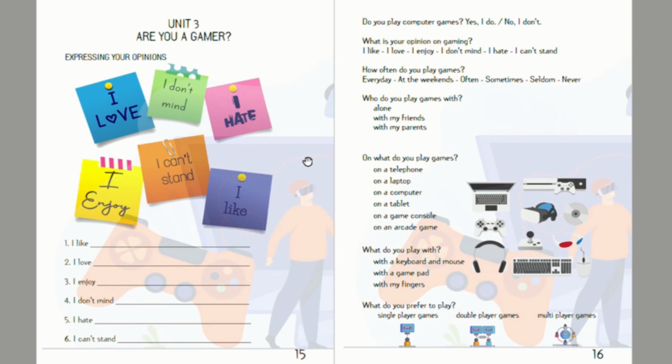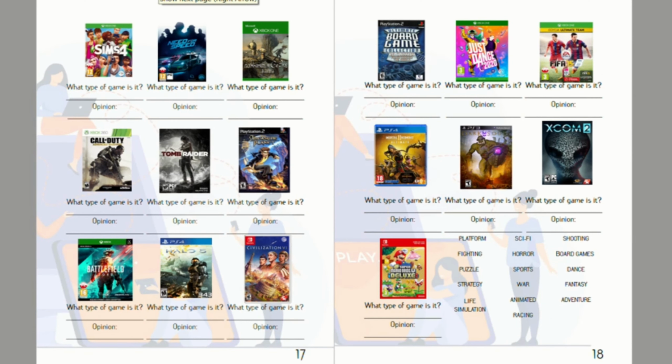In this video, we're going to take you on a journey to learn about new words and phrases to express your opinions on gaming. And not only that, we will be talking about the present simple tense. We'll be talking about gaming routines and conversation about gaming.